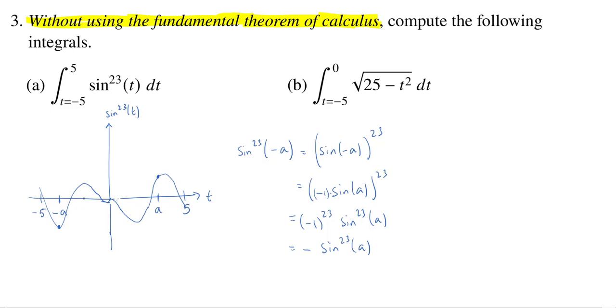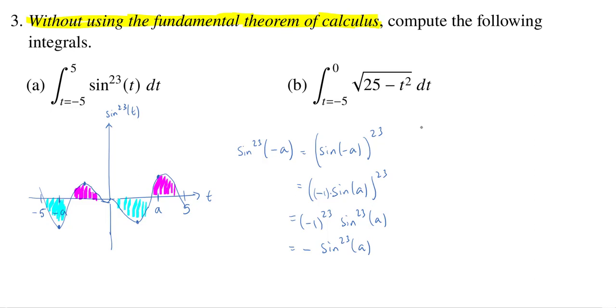So every point, if I say this little peak, that's going to have to correspond to a little trough. And all of this stuff down here, that's going to cancel out with the stuff over here. And all of this stuff over here is going to have to cancel with all of the stuff down here. So everywhere that we have something going up, on the opposite side, we'll have something going down.